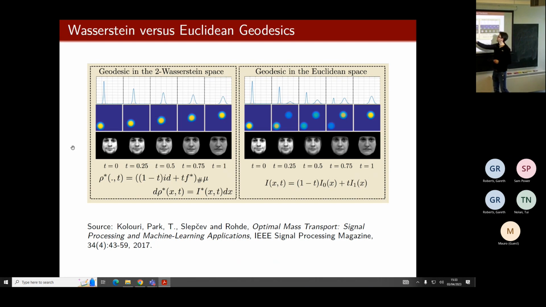We have an image of two people, and the idea in the Wasserstein space is that we should see the features moving around, so the eyes move a little bit, the nose moves a little bit. Whereas in the Euclidean space, you see a lot of blurring, where the new set of eyes are growing behind the old set of eyes, and this isn't as physically natural.